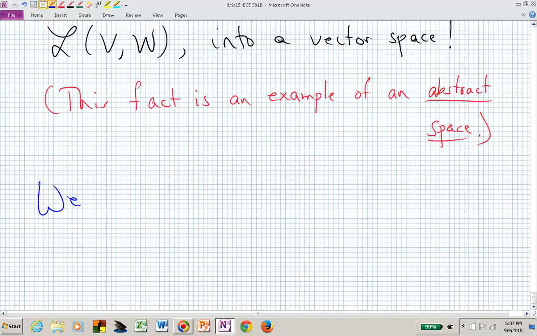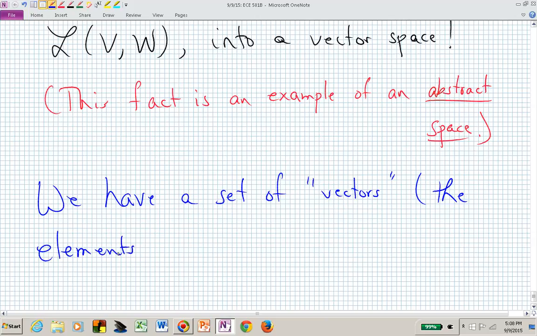We have a set of "vectors," and those vectors are the elements in this set of linear maps. Those are the vectors.